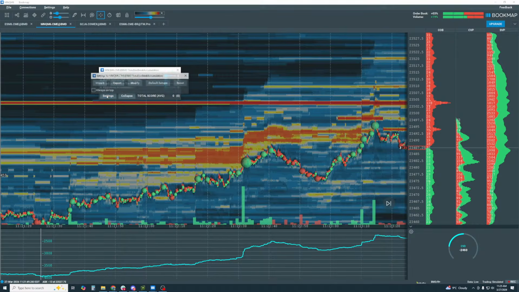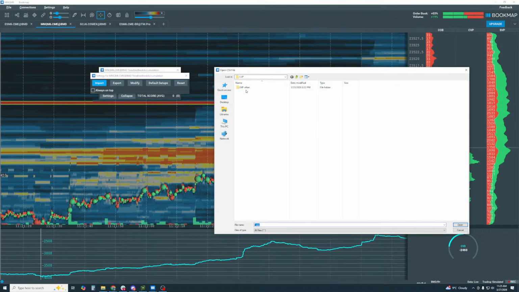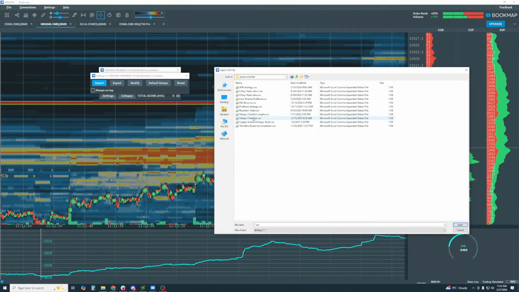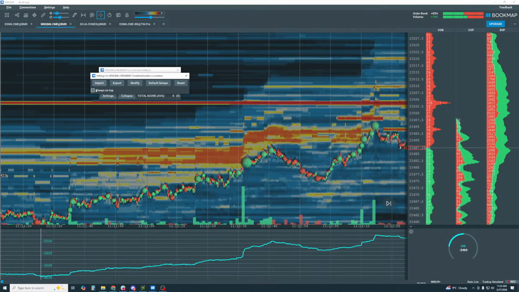Okay, so let's see. This is the trendline break accumulation. Let's import the low volume pullback. Always on top. There we go.